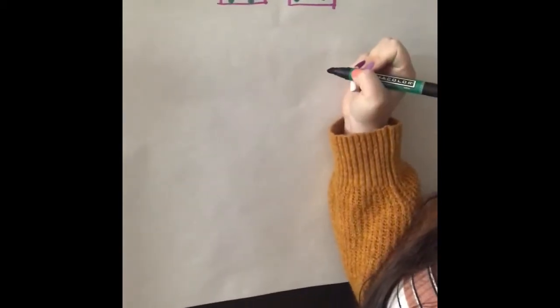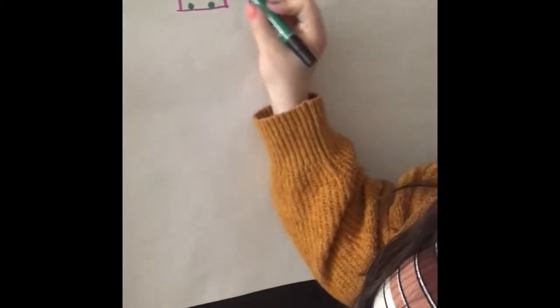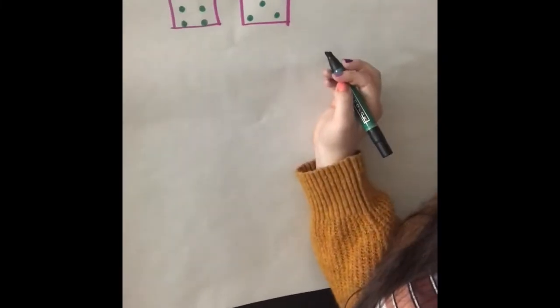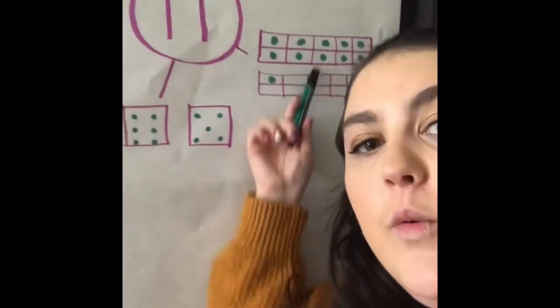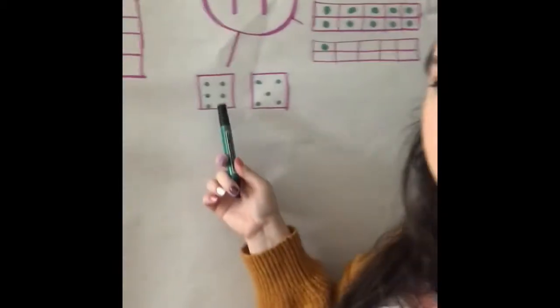How many did I put? 5. 6 and 5 makes 11. So that's how I could show 11 with words, 10 frames, dice, and linking cubes.